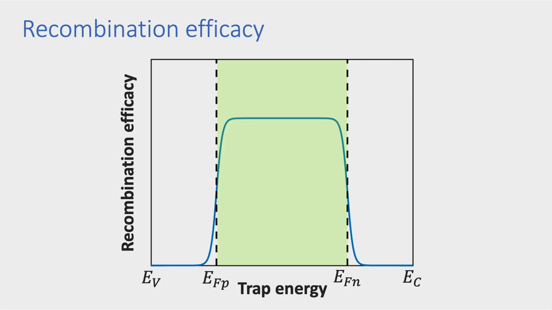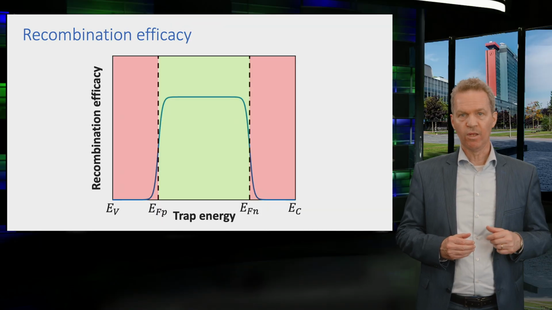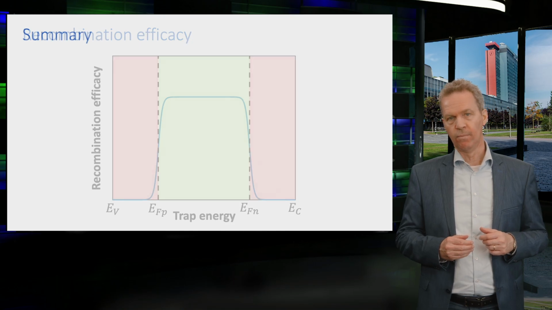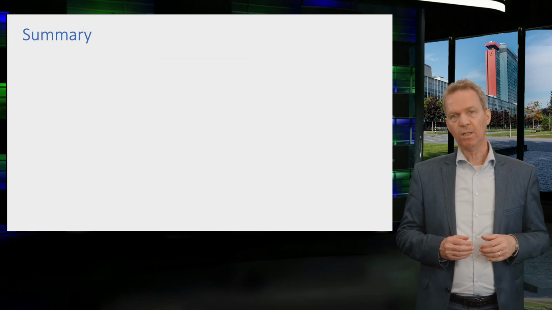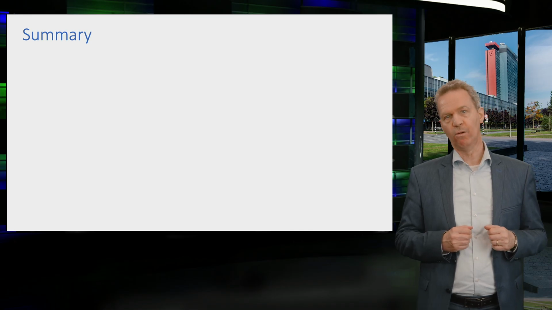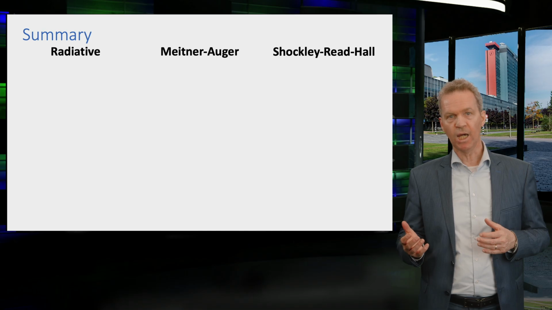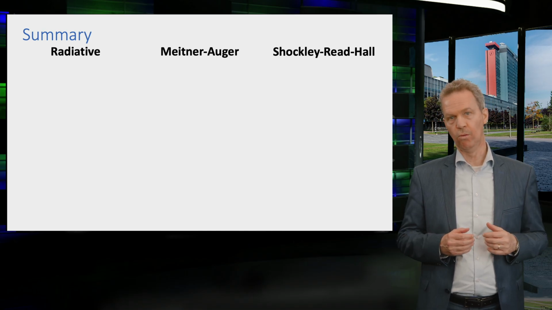This indicates that trap energies between the quasi-Fermi levels result in high recombination rates, while trap energies outside the quasi-Fermi levels show low or even zero recombination rates. Now to recapitulate, we have gained insight in three recombination processes: radiative, Meitner-Auger, and Shockley-Read-Hall.